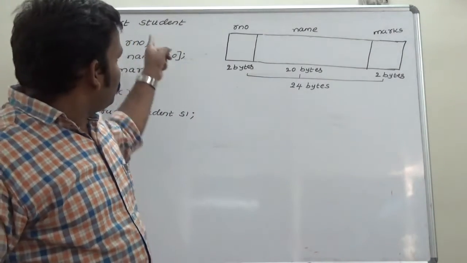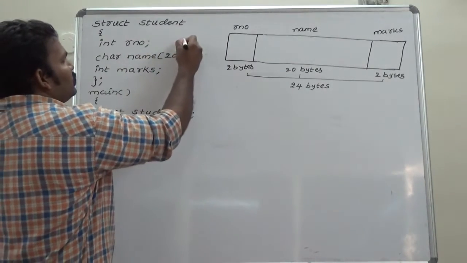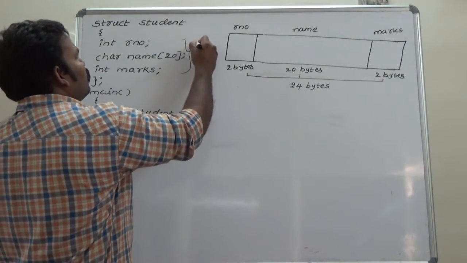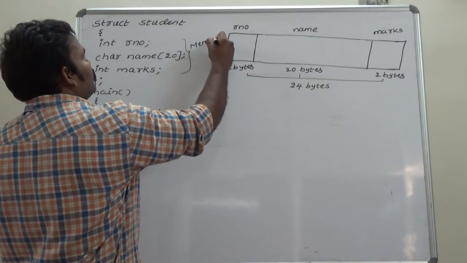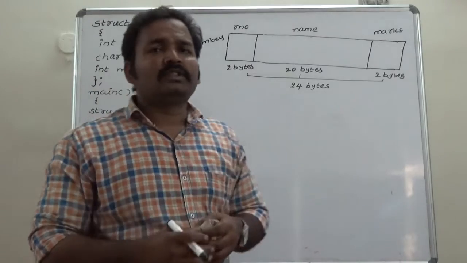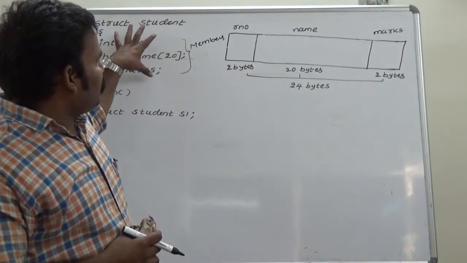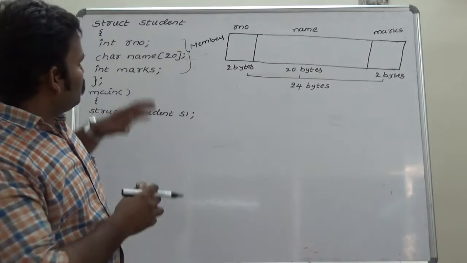Here roll number, name, marks, these are variables, and these variables are called members of the structure.